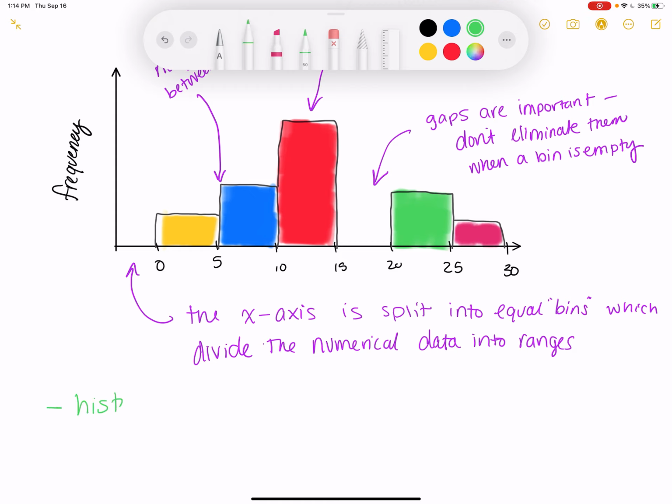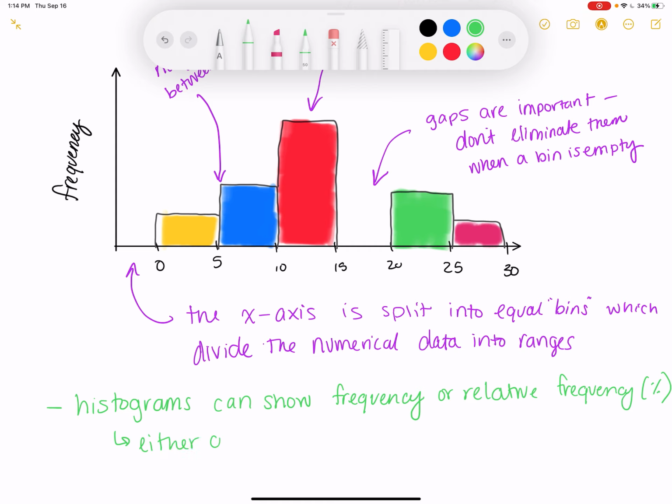Histograms can show frequency or relative frequency, which remember those are percentages. Either choice will create similar looking distributions.